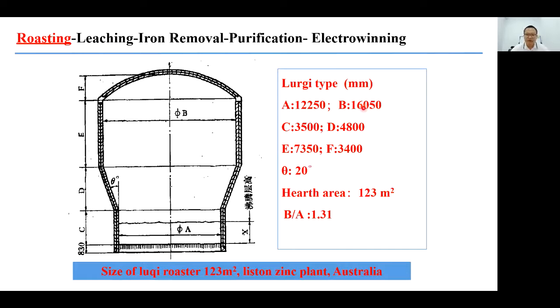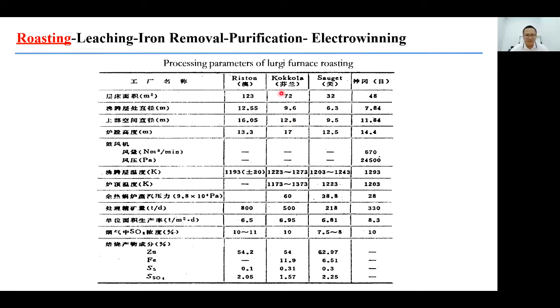These are very well-developed, very well-studied numbers, like the height and the diameter, and they are well designed. Some examples of the parameters of Lurgi furnaces all over the world include Risto, Kukla, and even some companies in Japan. The 128 square meter bed used to be the largest one in the world.